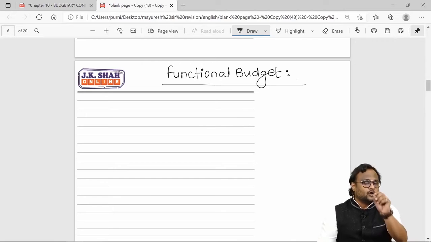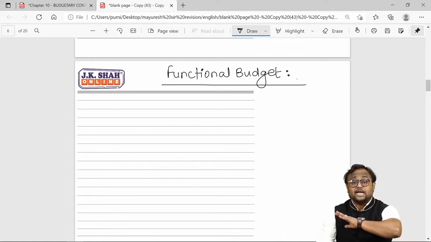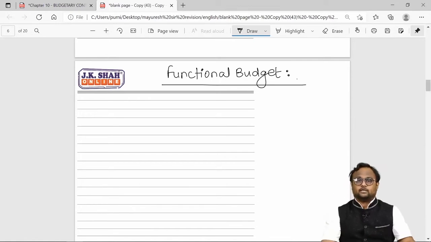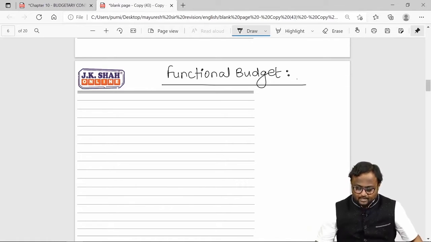Trust me, that one chart is more than enough to crack 99% of questions of this type. 1% will also be covered later. So, entire 100% will be covered, don't worry.